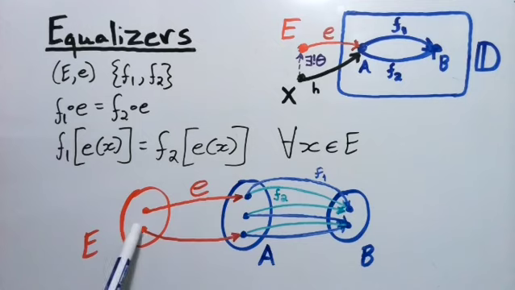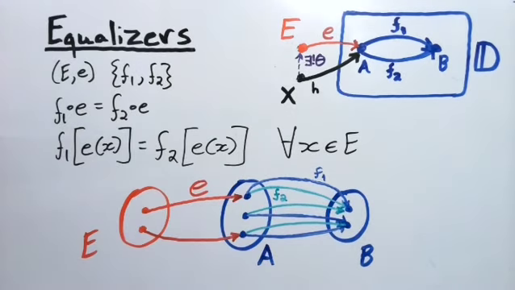However, it does not send any elements to this middle one in A, which does not agree from F1 to F2. So in this case, F1 and F2 are not equal because this element maps to different elements in B, but the composition of E with F1 or E with F2 is going to be the same because all of the elements that E maps to agree on F1 and F2.